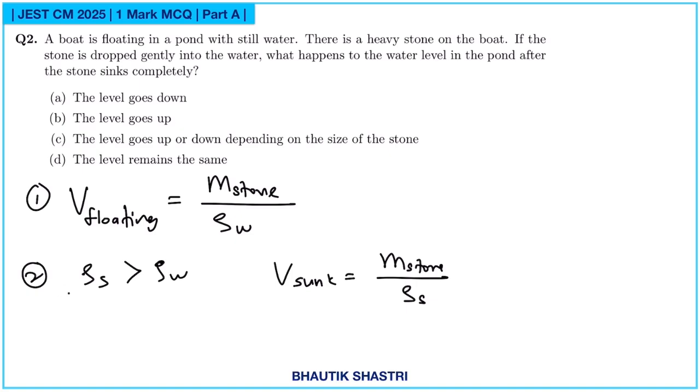But since density of stone is greater than density of water, V sunk will be less than V floating. That means the stone displaces less water when resting at the bottom of the pond than it did when it was floating in the boat, causing the overall water level to drop. So option A is correct.